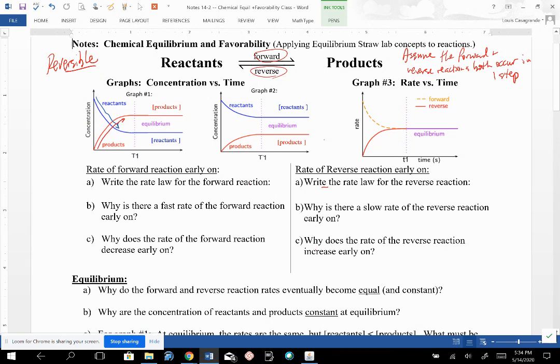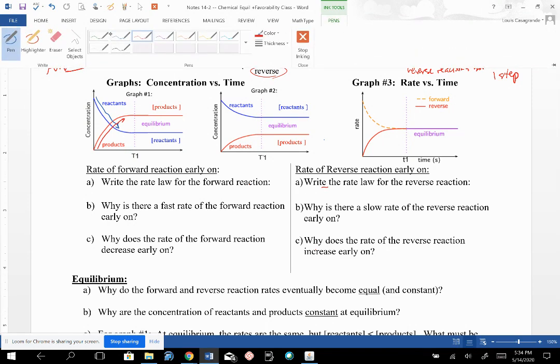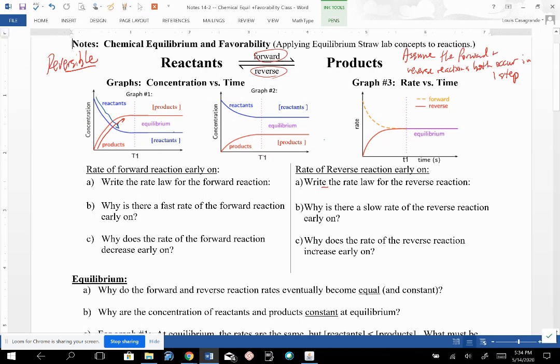And at some point, we're going to reach a place where the concentrations of the products and the reactants stop. And that's going to be the equilibrium. Now, the difference between graph number one and graph number two, I'll get to in a moment. And then graph number three, I will get to again in just a moment.